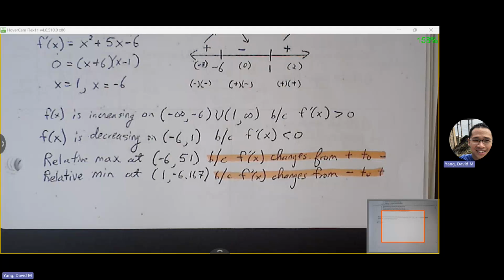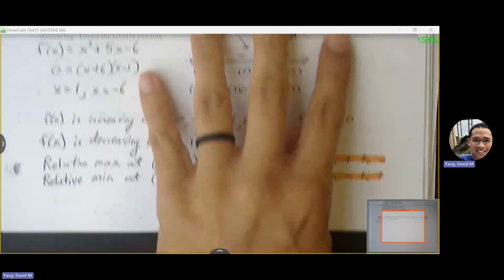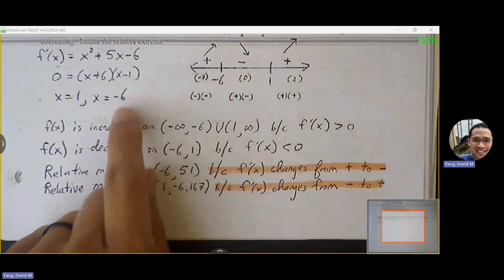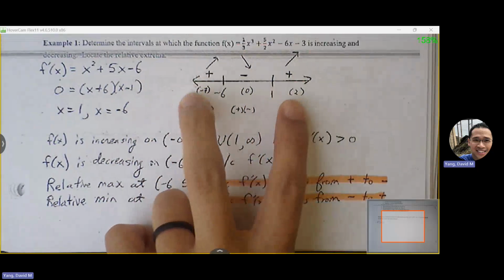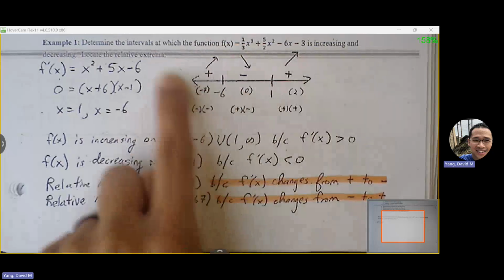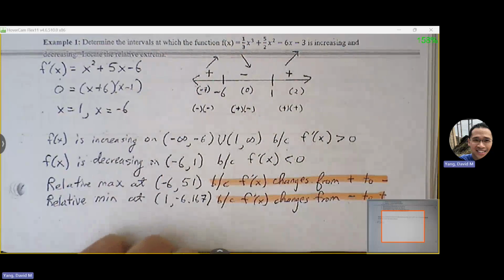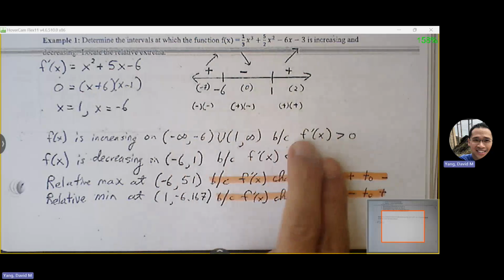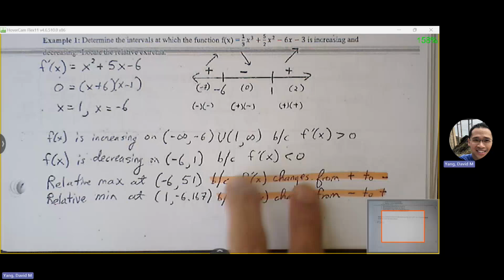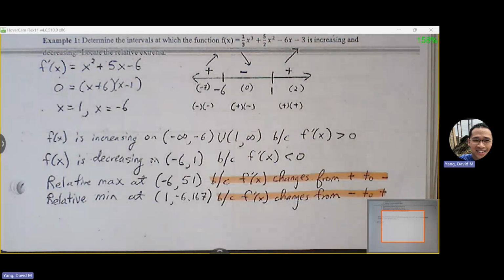I'm going to ask you for because statements for each of them. It doesn't mean that every graph is going to experience increase, decrease, relative max, and relative min, right? The arrows and your sign line are going to help you determine that. It just so happens that this graph has all four properties, but for the properties that do exist on the graph, you do need to provide justification, all these because statements, if I ask for it.